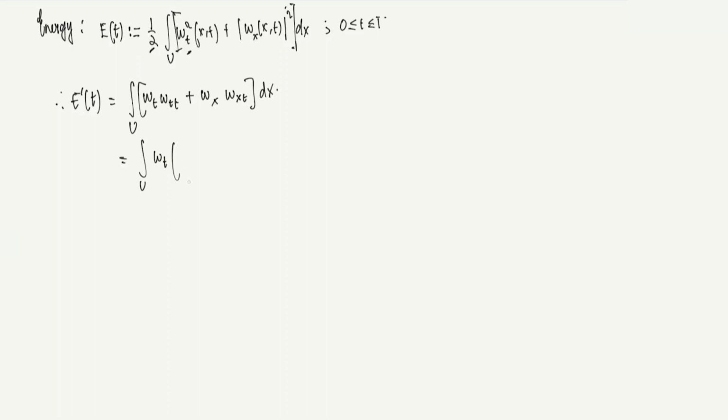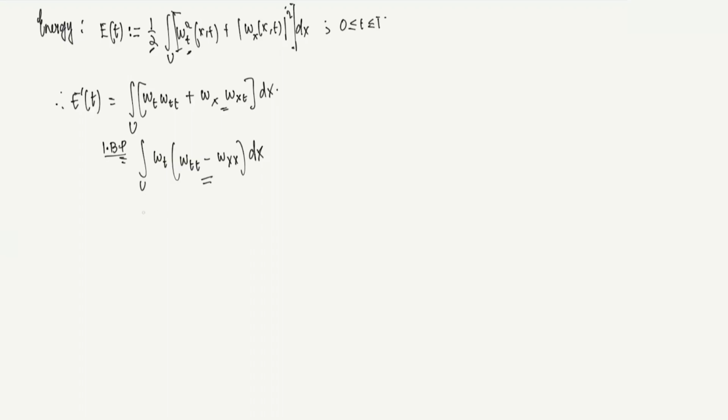I made a small mistake somewhere. WT. It's okay. So here we'll use integration by parts. If I use integration by parts, this becomes WTT minus WXX. And on the boundary W is 0, so the boundary terms won't be there. So it becomes only dx.